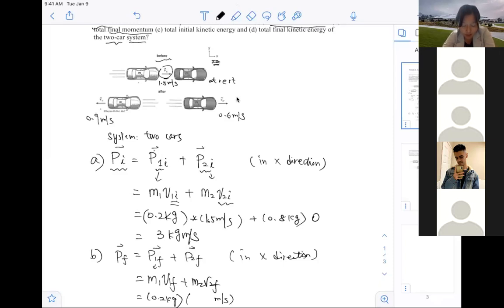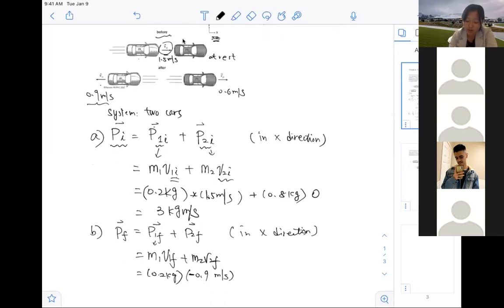Joshua said negative 0.9. Very good. It's negative 0.9. So here, be very careful. Not only do you want to consider its magnitude, you need to see it's in the opposite direction of the positive direction. So you have to put a minus sign on it because momenta are vectors, right? If you don't put a negative sign here, you would get a wrong answer.